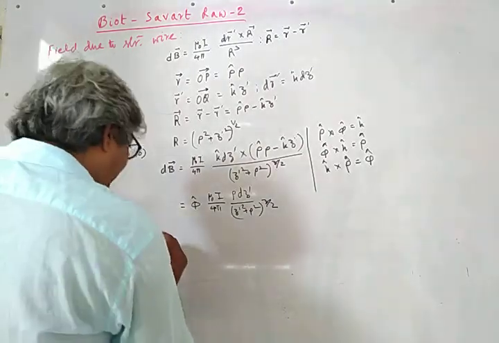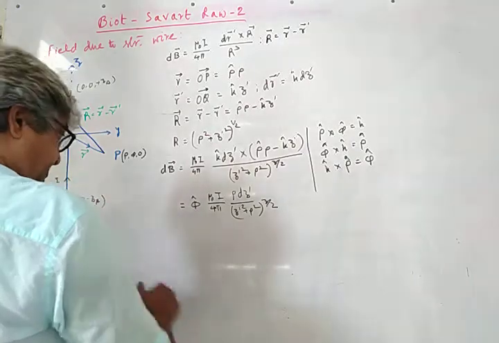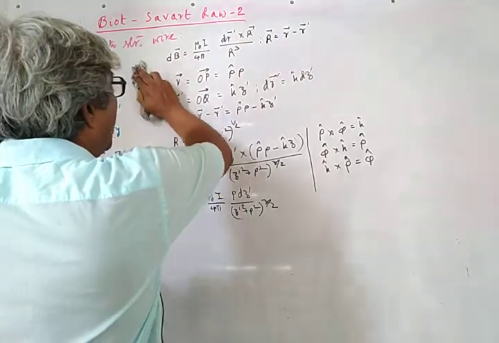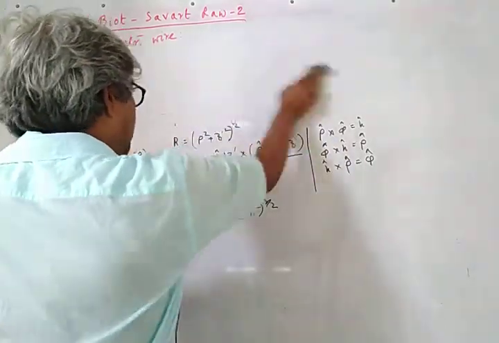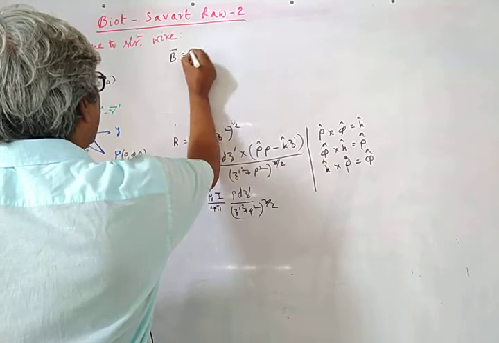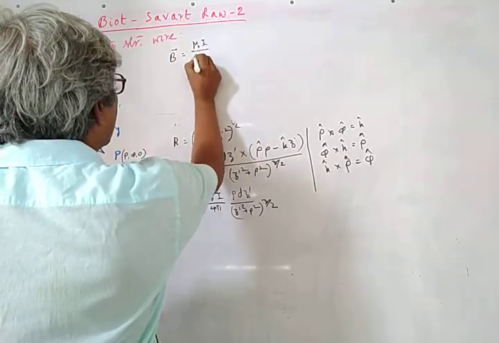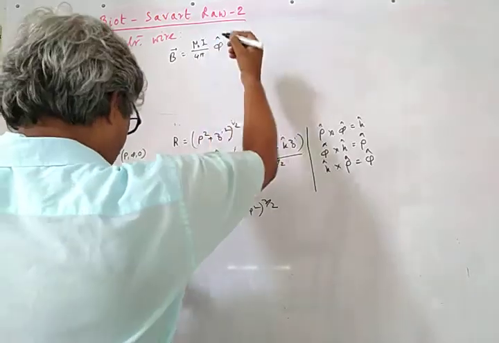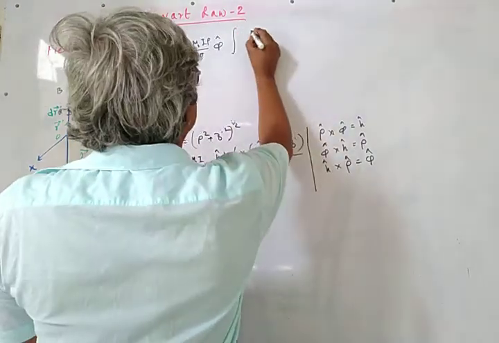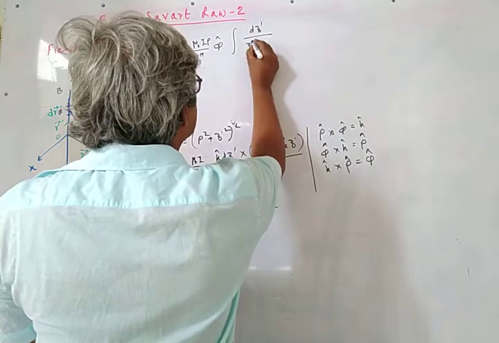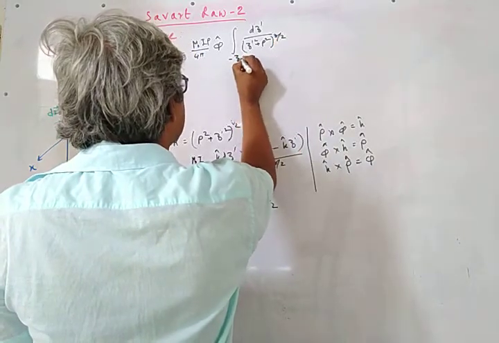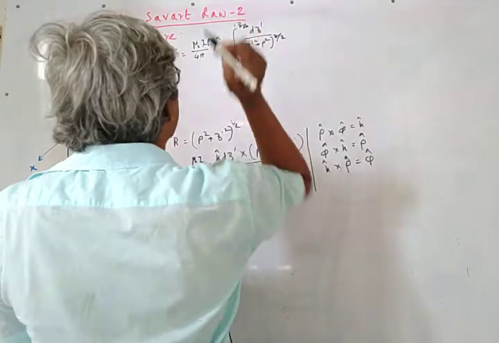So the field at point P due to the entire conductor is obtained by integrating this over z prime. So the result is this, the total field.